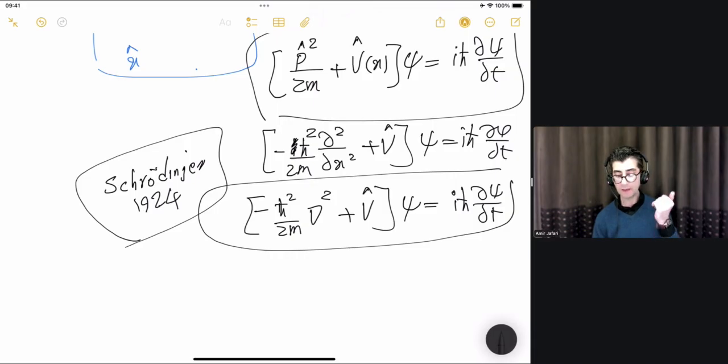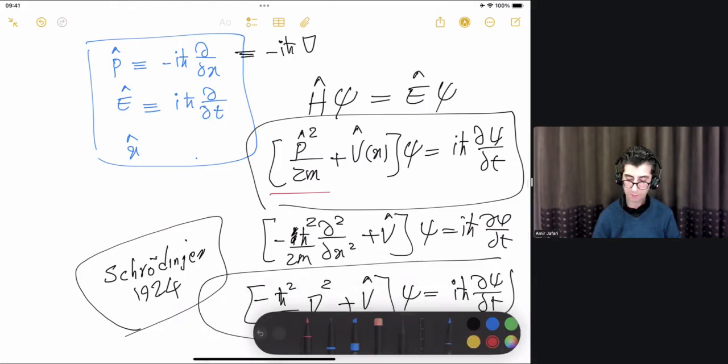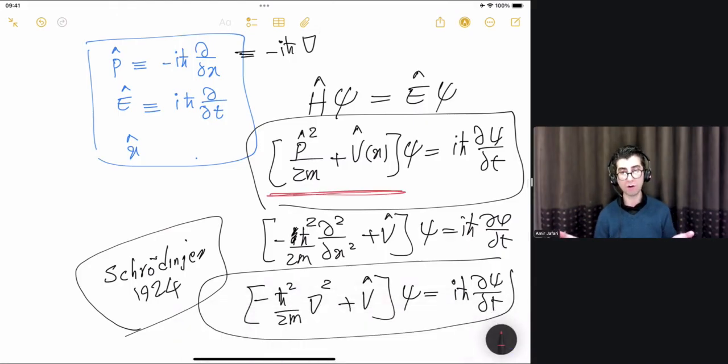Okay, it's quantum mechanics, but it doesn't basically obey special relativity, because here I use this expression for the total energy of the particle, the kinetic energy p squared over 2m plus V, the potential. I'm going to ignore this potential because it's not really important here. But this expression for the kinetic energy of the particle is the classical expression.